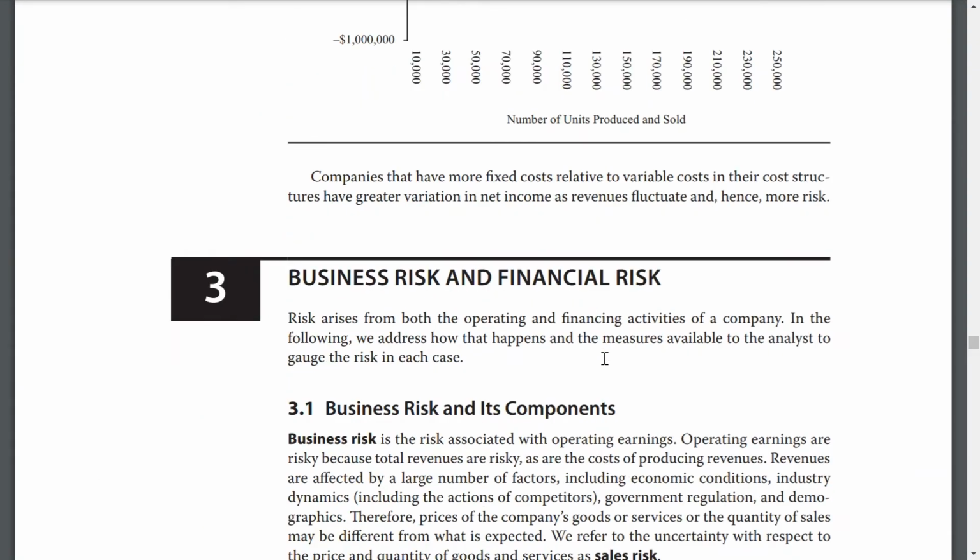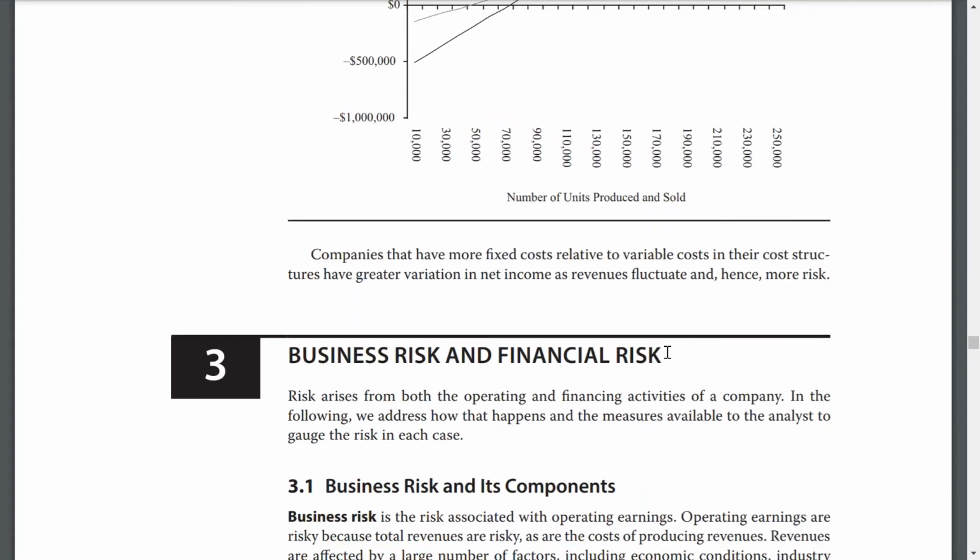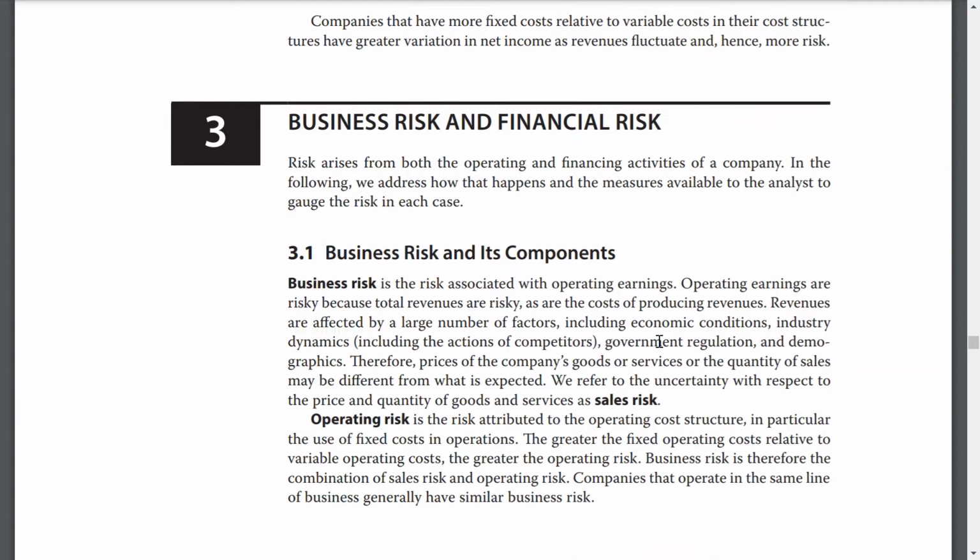Here's the diagram. Companies that have more fixed costs relative to variable costs in the cost structure have greater variations in net income as revenues fluctuate, and hence more risk. Business risk and financial risk arise from the operating and financing activities of a company, respectively. We address how that happens and the measures available to analysts to gauge the risks in each case.